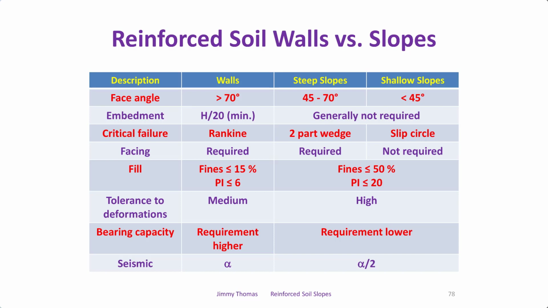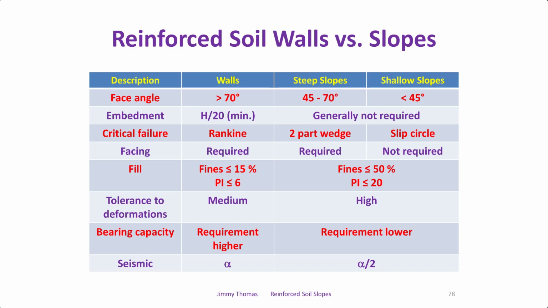If you feel you have to provide embedment, you can, but it's not mandatory as per the code. Then the failure plane is ranked as two-part wedge and slip circle, which are approximations or idealizations. Facing is required for a wall and for a steep slope. For a shallow slope, facing is not required; we have to provide only erosion control.